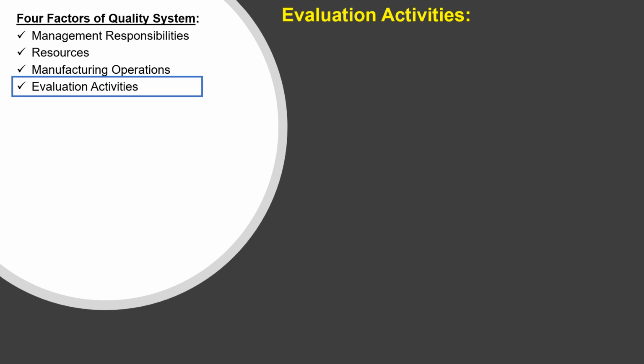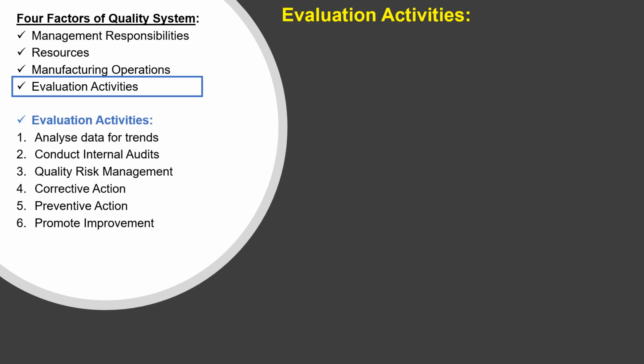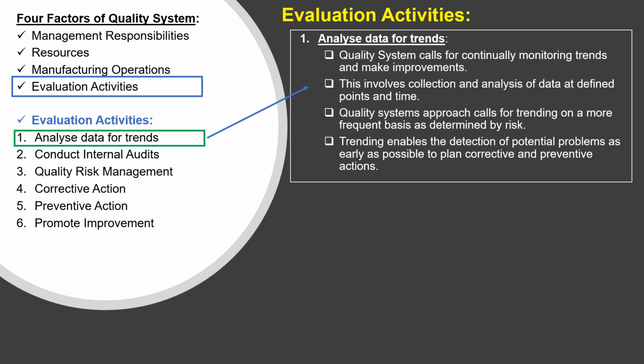Now we move to the last of the 4 points, that is evaluation activities. It has 6 headings: analyze data for trends, conduct internal audits, quality risk management, corrective action, preventive action, and promoting improvement. The first point is analyze data for trends.